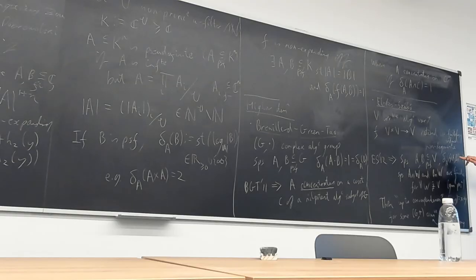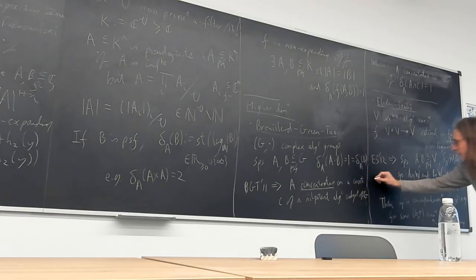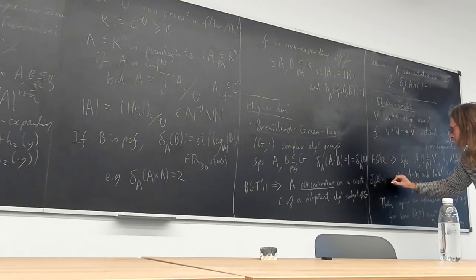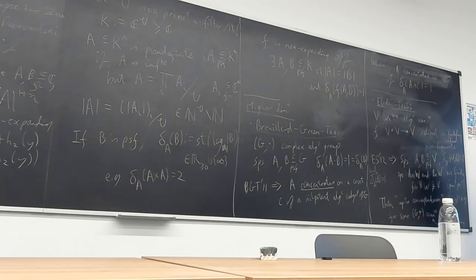Delta of F of A comma B is equal to 1, with respect to A. Sorry, same symmetry assumption, indeed. I ran out of room. Sorry, yeah, delta A B is equal to 1. Okay. Yeah, thanks.